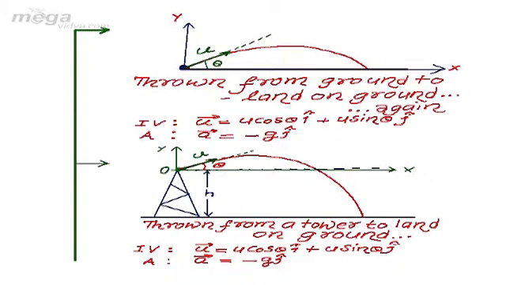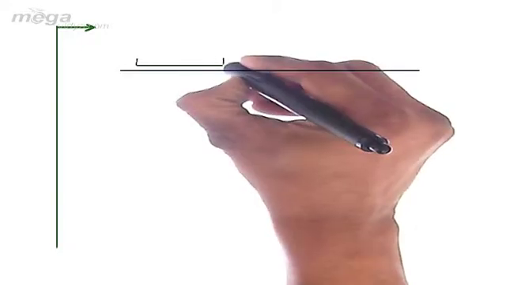Now, we are taking the next example in which the projectile has been thrown from a moving cart. So in the third case, students, think about a projectile thrown from a moving trolley.